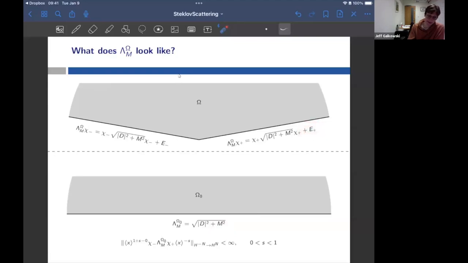So if you're interested in the Dirichlet-Neumann map on an asymptotically conic domain, then near infinity, it looks like the smooth problem plus an error, which is a little bit better in x near 0 frequency and much, much better in x near high frequency, right?